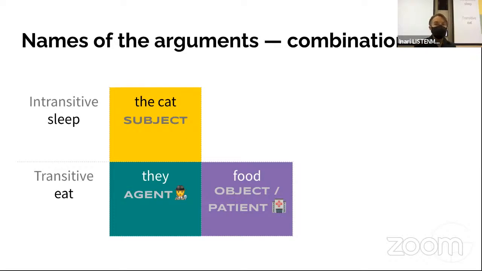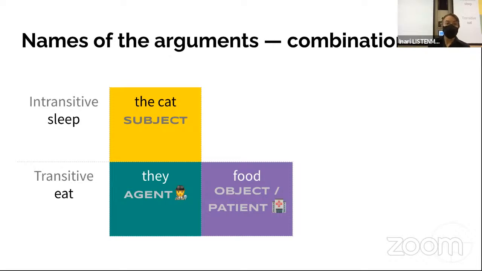Even when we're talking about syntax, it's important to distinguish between the only argument of an intransitive verb and the doer argument, one of the 2 arguments of a transitive verb. So we borrow the word agent from the semantic roles. We say that when the cat sleeps, the cat is a subject, but when they eat food, then they is an agent, not a subject.